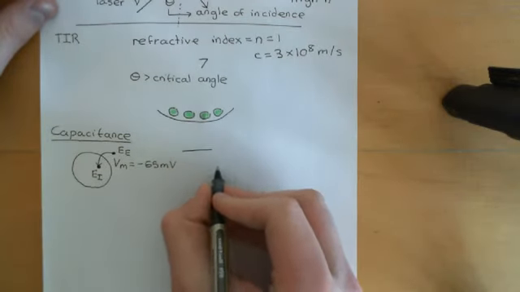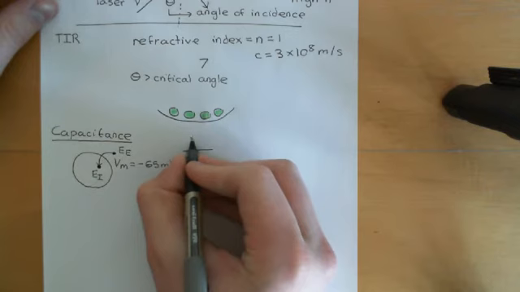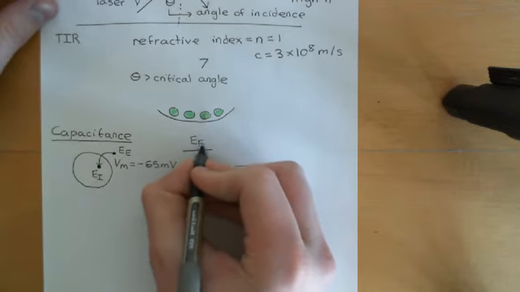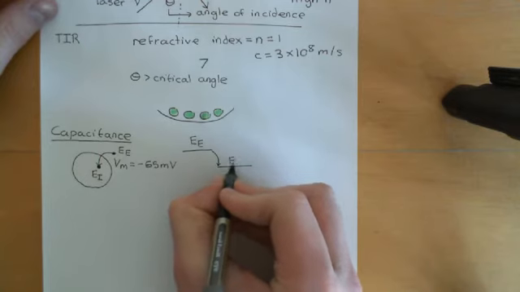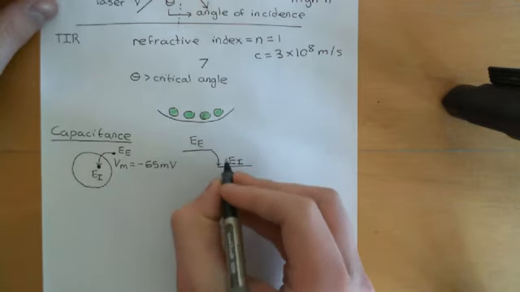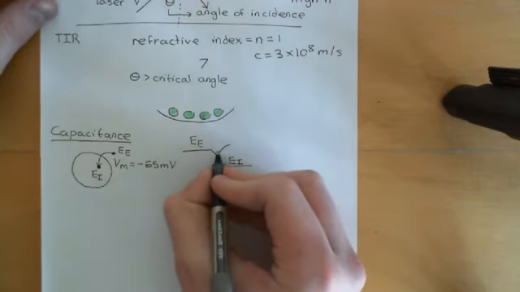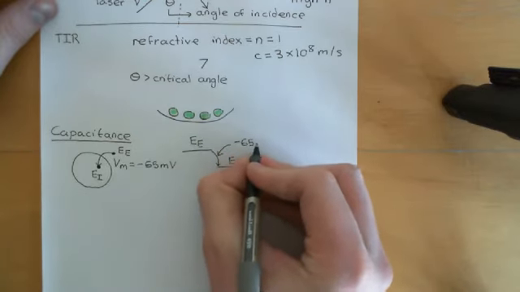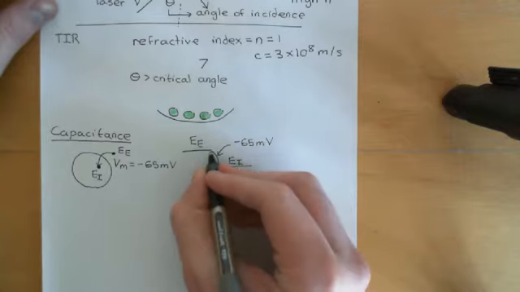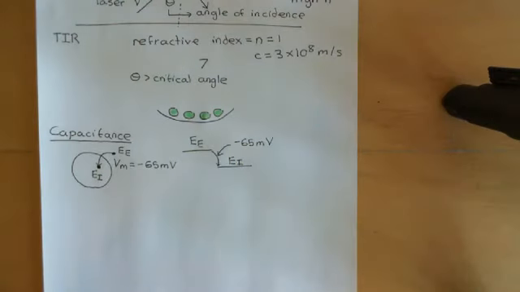I can show this on a little diagram. We have the electrical potential extracellularly at this level, and intracellularly at this level, and when you step from one to the other, you go down by 65 millivolts. This step down from extracellular to intracellular involves a drop in electrical potential by 65 millivolts.